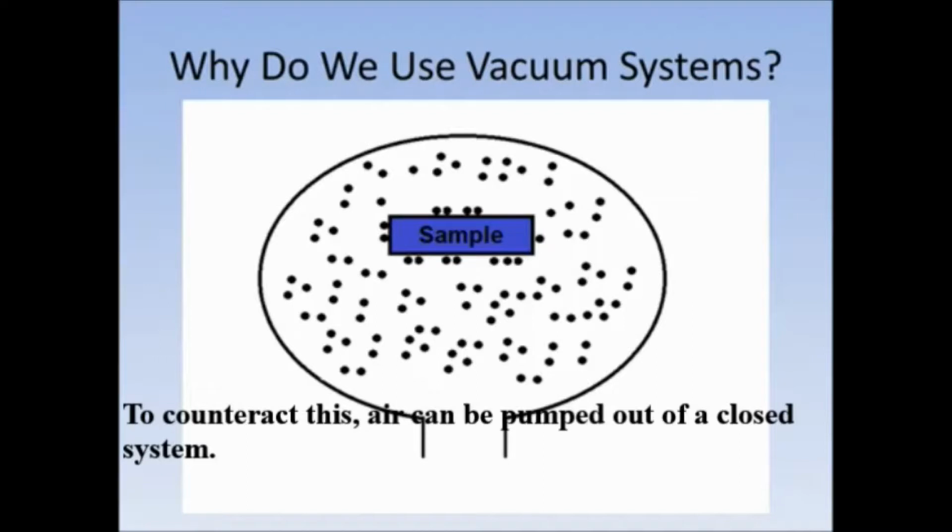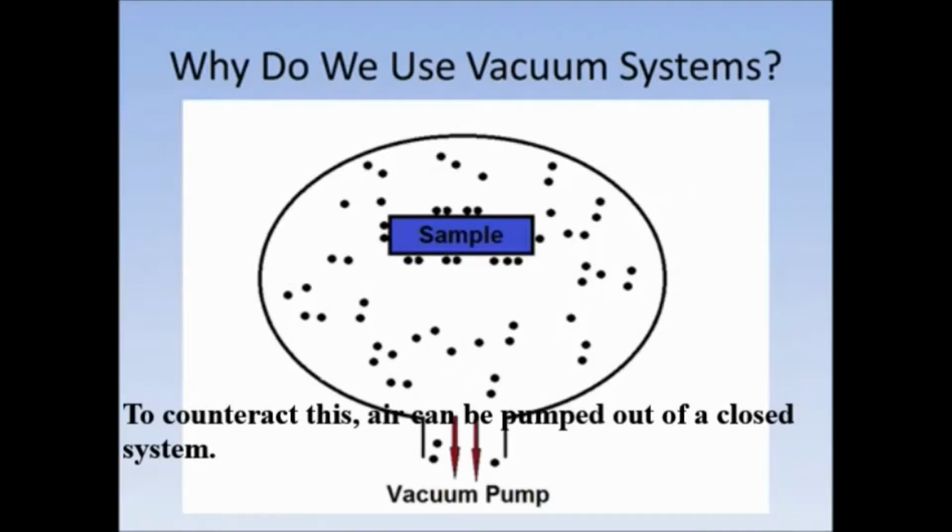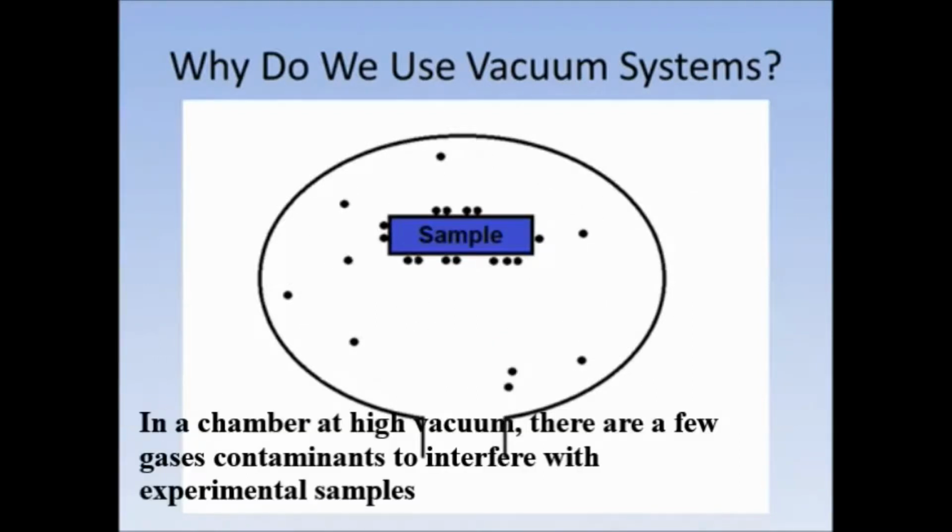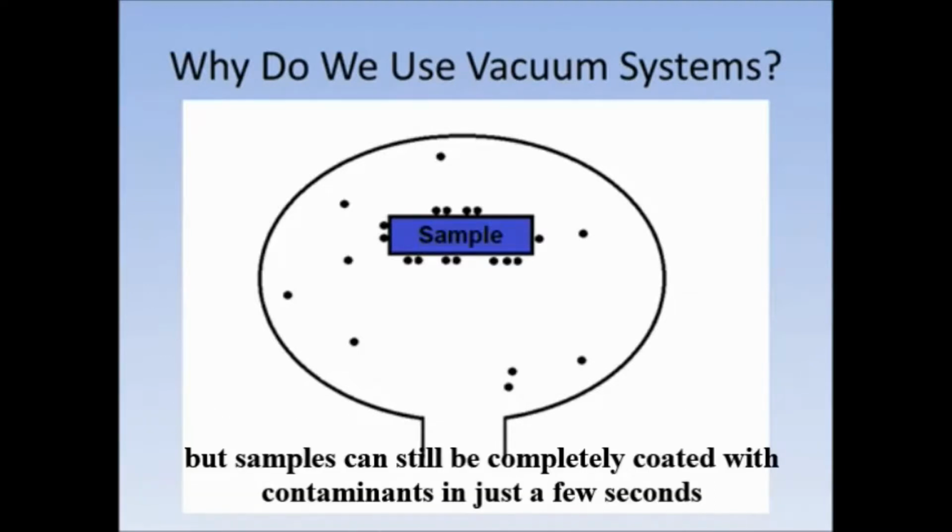To counteract this, air can be pumped out of a closed system. In a chamber at high vacuum, there are few gaseous contaminants to interfere with experimental samples, but samples can still be completely coated with contaminants in just a few seconds.